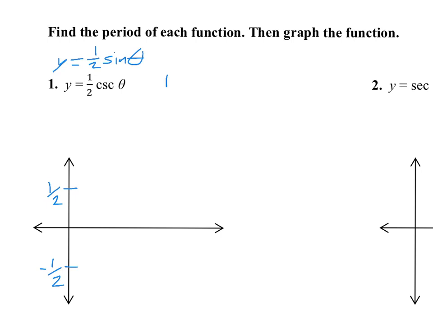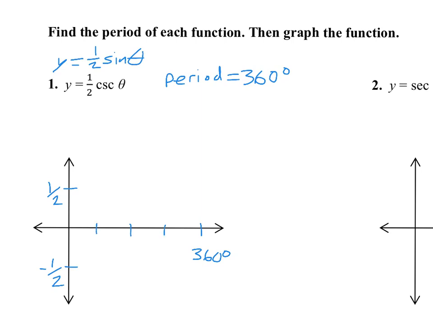And now the period for both of these would be, we have to take the number in front of theta and put that underneath 360. So the period would be 360 degrees. So I'm going to put that on the x-axis. And now I'm going to cut this into 4. So I'm going to cut it in half and then cut each of those in half.